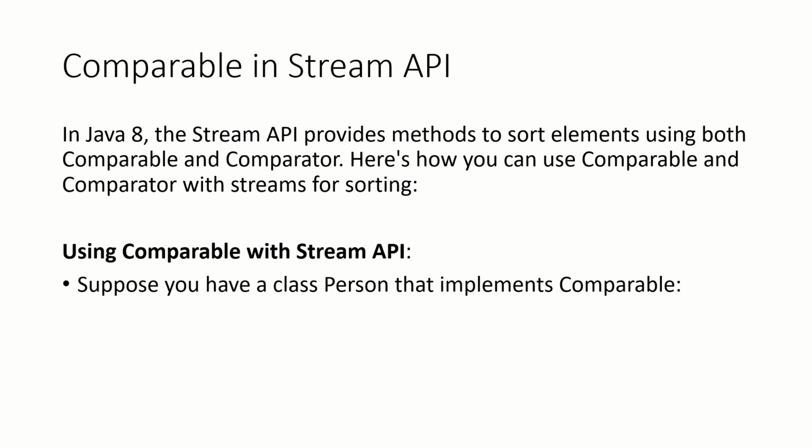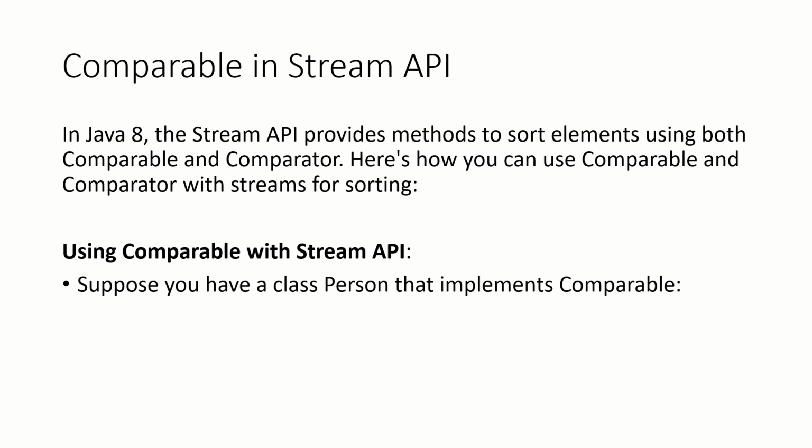Now coming to the next topic, how we can use comparable and comparator in the Stream API. In Java 8, the Stream API provides a method to sort elements using both comparable and comparator interfaces. Here is how you can use them with the stream for sorting.